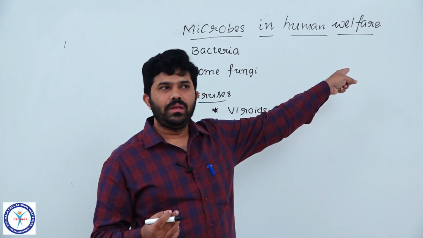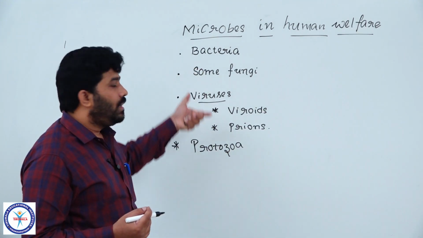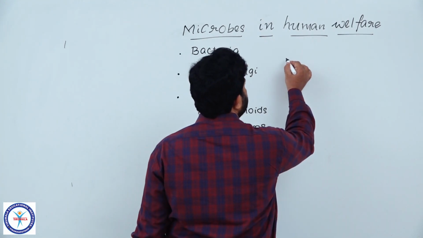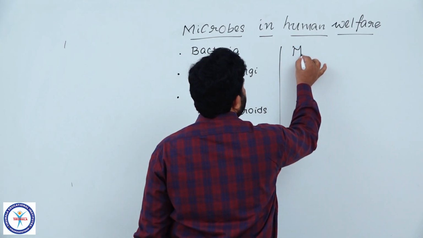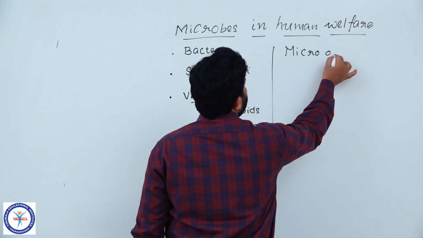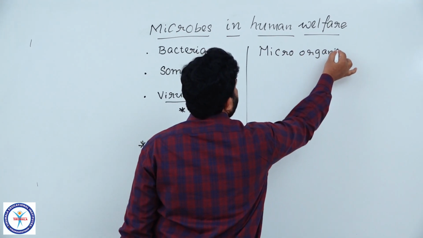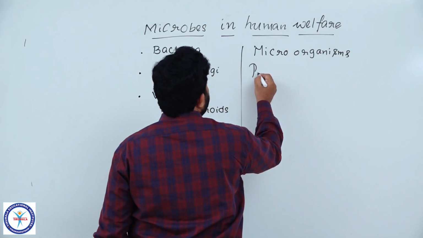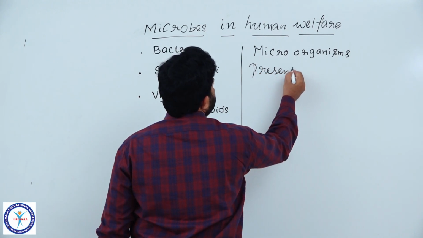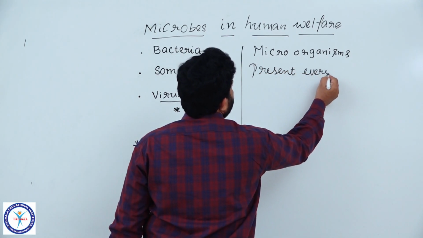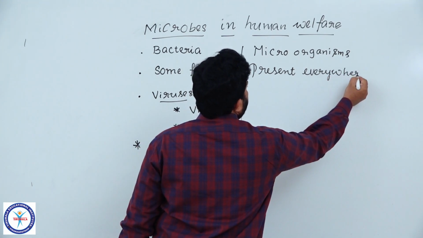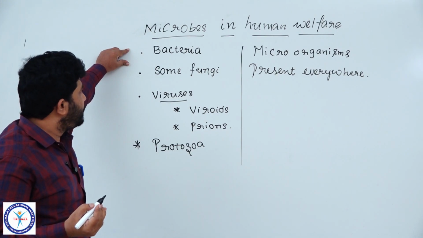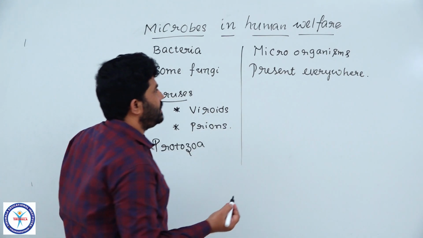Now we are discussing their presence and habitat, where they are present. Microorganisms are present everywhere. Especially, take the first component in microbiology, that is bacteria.